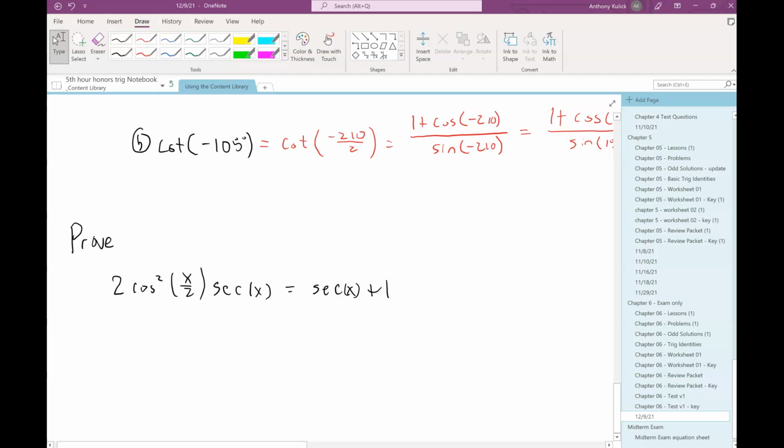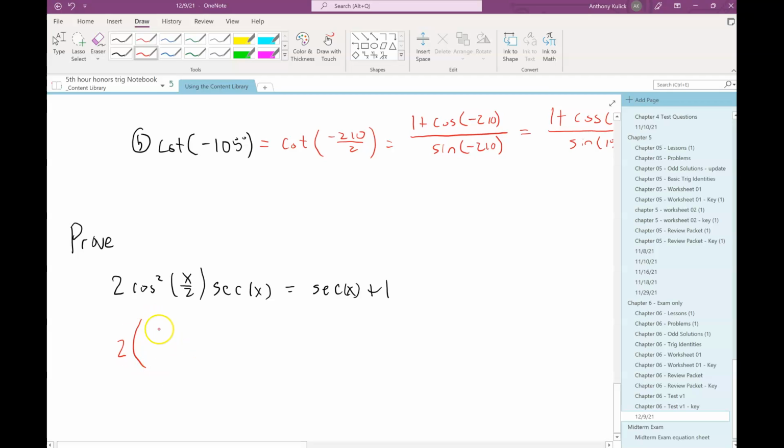I notice that half angle right away. On the right-hand side, there are no half angles. So I think I would start on the left-hand side and start by trying to get rid of the half angle using one of my half angle identities. Now observe here that the half angle identities are for like cosine of x over 2. Here we have cosine squared x over 2.